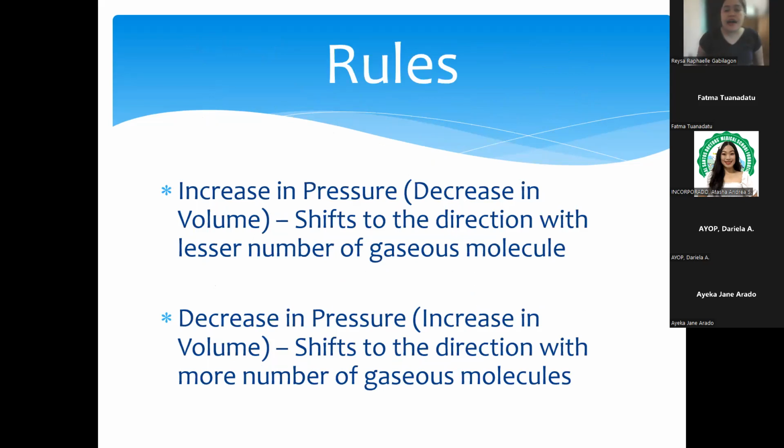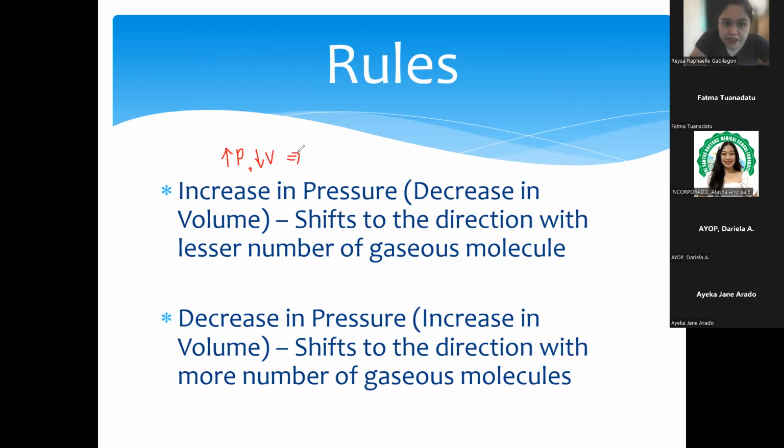So let us again discuss the rules. I-summarize natin siya para mas mabilis niyo siyang matandaan and maintindihan. So starting with, again, if there is a change in pressure, automatic that also means a change in the volume.